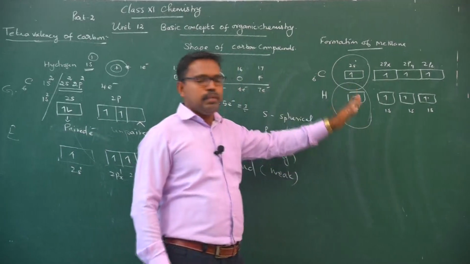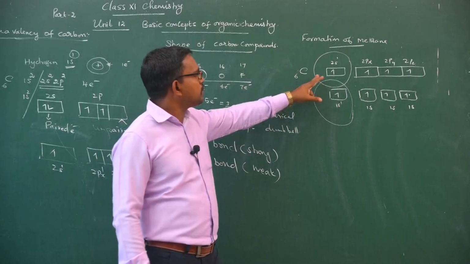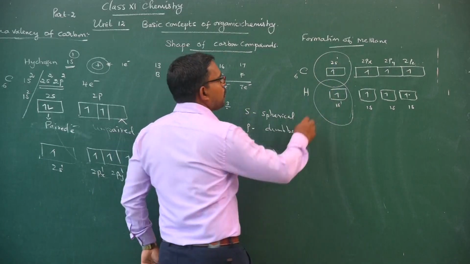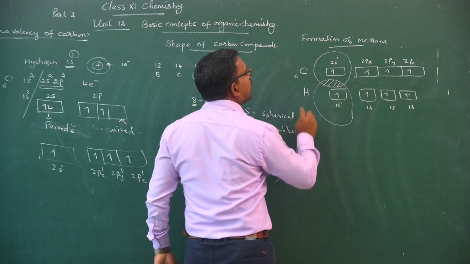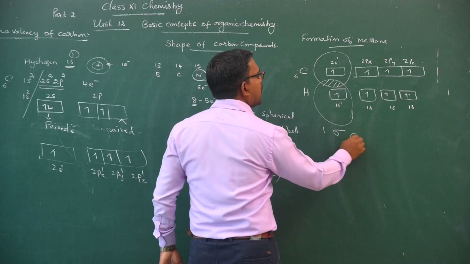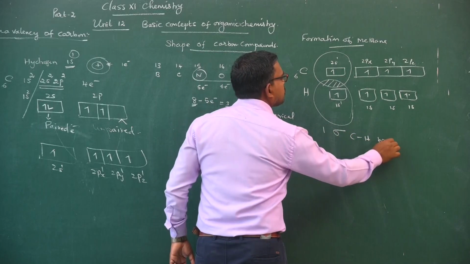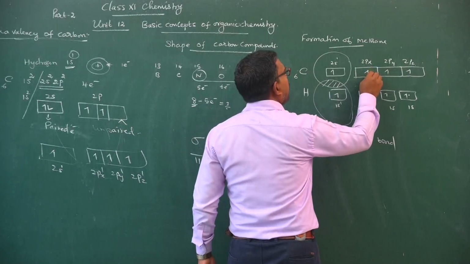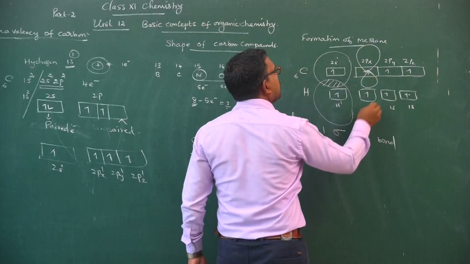Here there is every possibility for head-on overlap. The s orbital, spherical shape, and this spherical shape, both are united together, or overlap together, to form one sigma CH bond. The shape of the p orbital is dumbbell shape.